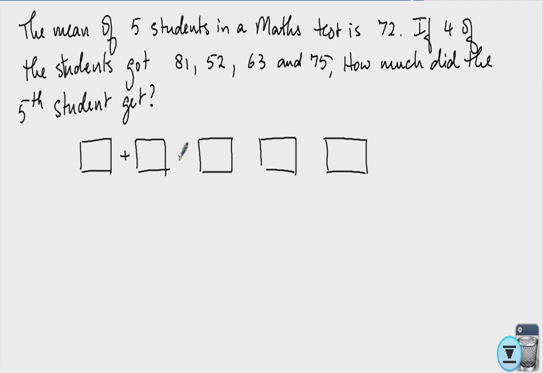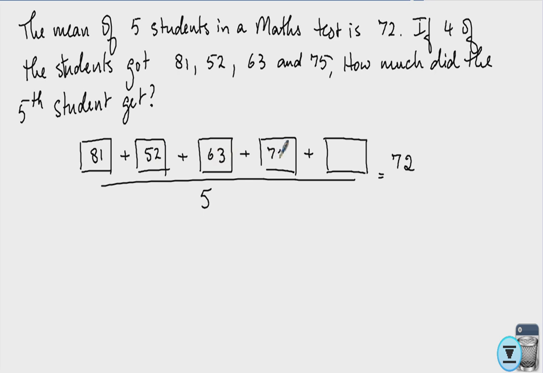Adding them together and dividing by 5, their mean was 72. I know 4 of the students' marks. One is 81, one is 52, one is 63, one is 75, and one is unknown. I'm going to call it X. So I know that if I divide these 5 numbers by 5, I get a result of 72.